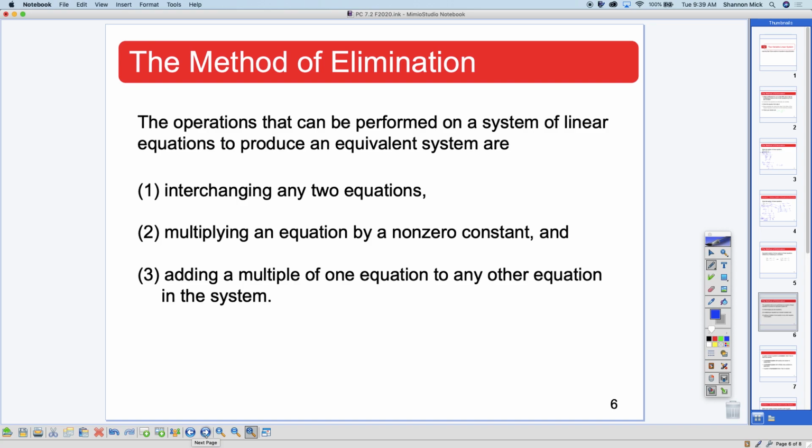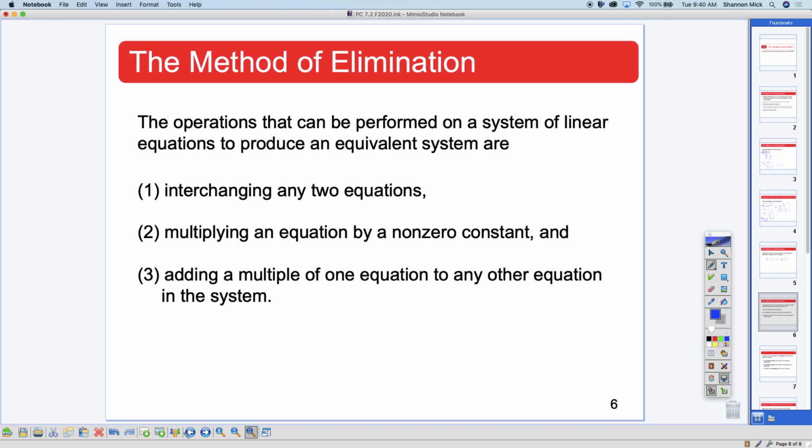Okay. The operations that can be performed on systems of linear equations to produce equivalent systems. Now, you don't need to write this down. You need to understand what they are because you already have this stuff written down. When you wrote down your steps, your 1, 2, 3, 4 steps, you wrote this down. So I can produce equivalent systems by just interchanging two equations.